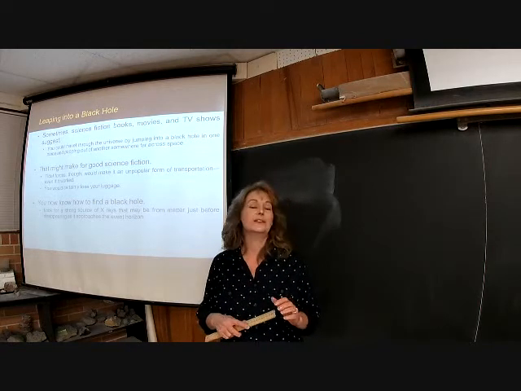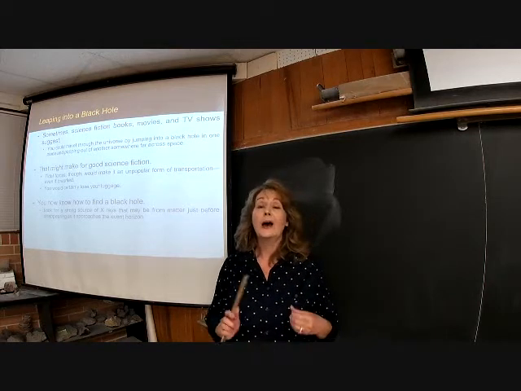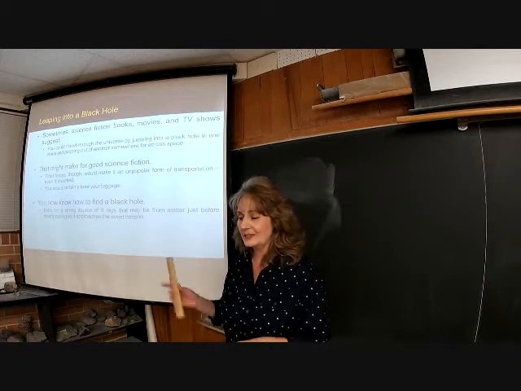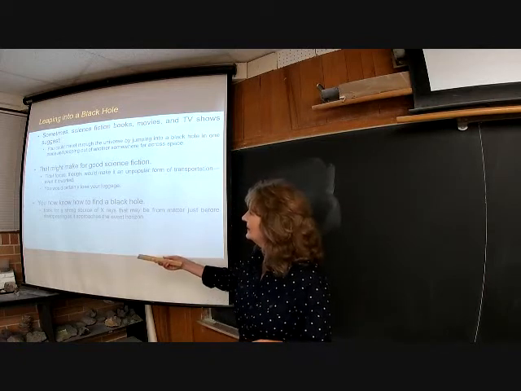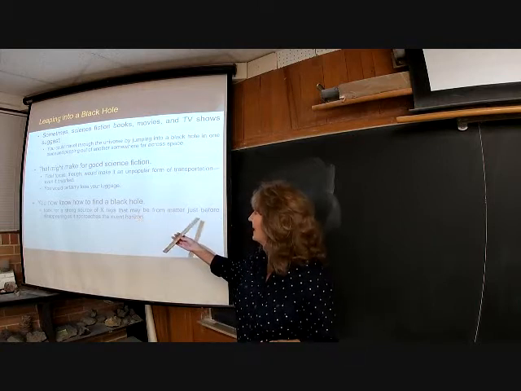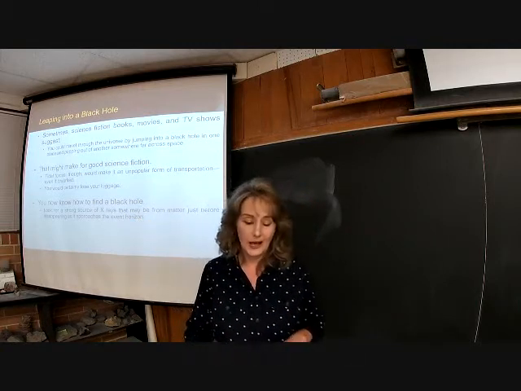Not once it's past the event horizon, because then we can no longer get any information out. But as it gets in and around the event horizon, we can take a look at that, and we would end up looking for a source of X-rays coming from it just before it disappears beyond the event horizon.